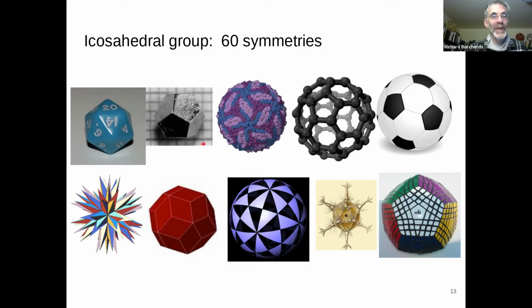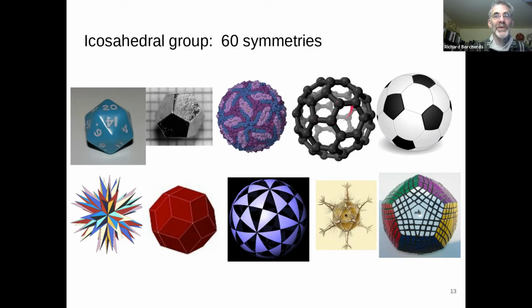So this one is actually a virus. I was trying to find a picture of a coronavirus to be on topic, but as far as I can tell from pictures, coronaviruses don't seem to have icosahedral symmetry, but quite a few viruses do.